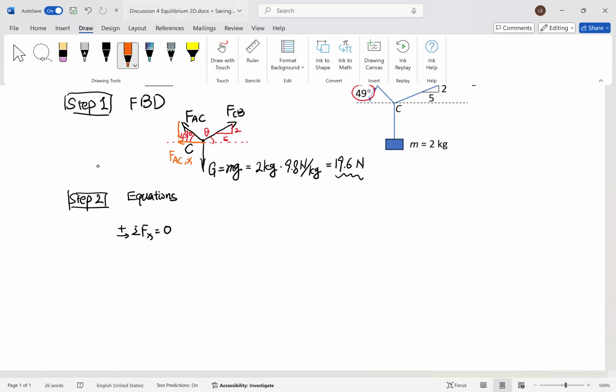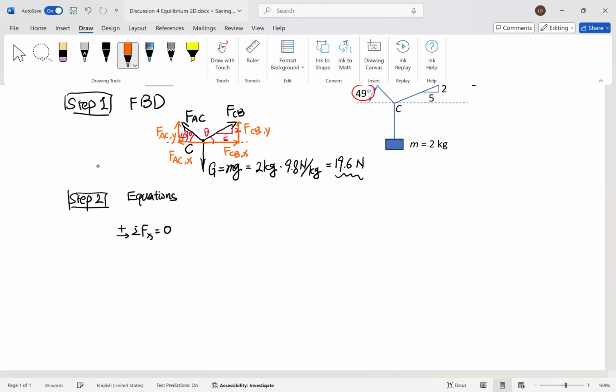It is our horizontal component of FAC, and then the vertical line will be the vertical component of FAC, right? Similarly, we can decompose FCB into its horizontal component FCBX and vertical component FCBY.